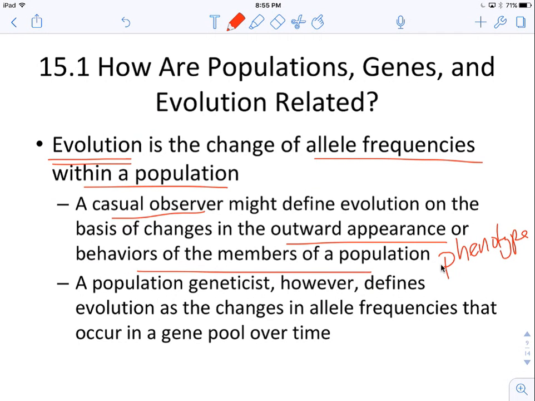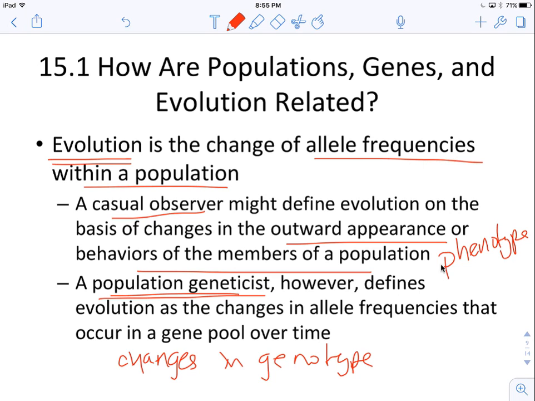But a population geneticist who's really interested in evolution defines evolution as changes in the allele frequencies that occur in the gene pool over time. So we're looking at changes in genotype, which do lead to a change in phenotype. But you know that phenotype is an expression of the genotype.